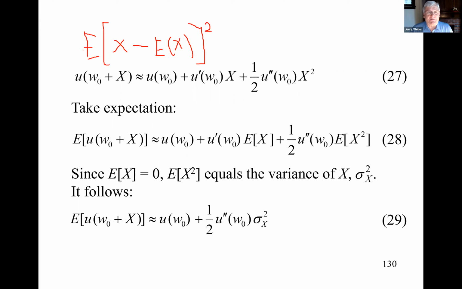So variance is just the expected value of the squared deviations of the x value from the mean, from the expected value.